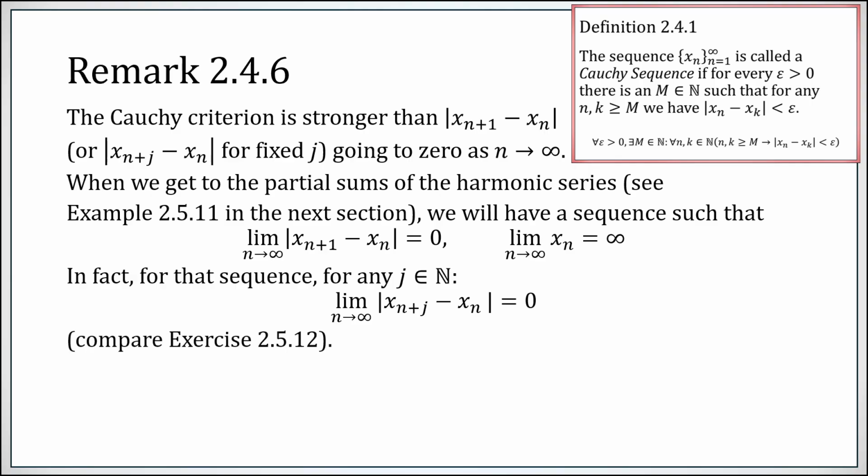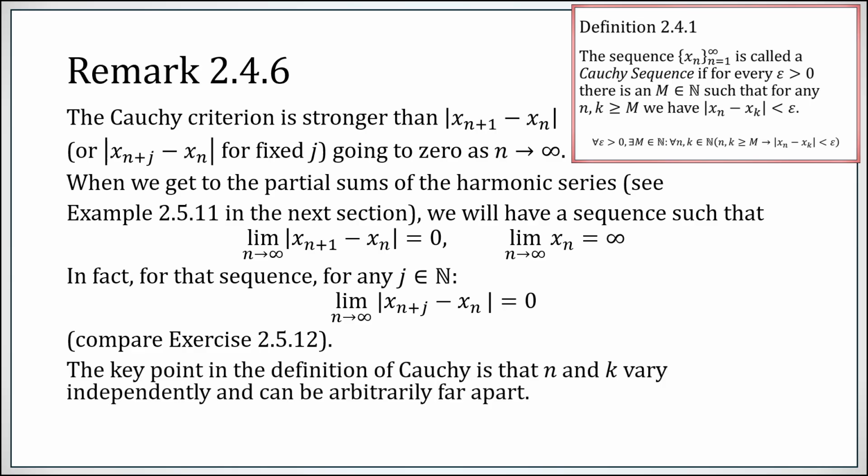Compare that to exercise 2.5.12 for reference. The key point in the definition of Cauchy, again, is that n and k are completely independent of one another. They might be very, very far apart. n and k are any two indices past capital M. There are a lot of numbers that are larger than M.